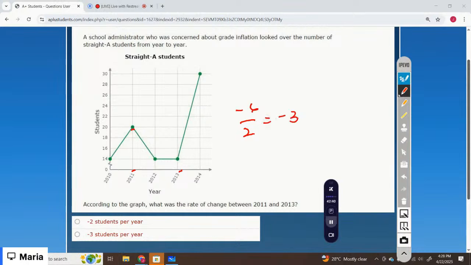The change is -6, so that is -3 students per year. The correct option is -3 students per year.